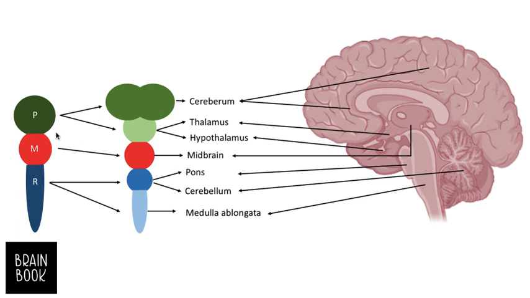During our development, the neural tube becomes like this. When the neuroectoderm becomes the neural plate and neural groove, then neural tube, the neural tube becomes like this, and then develops to this, and finally when we have a mature brain, it becomes like this.